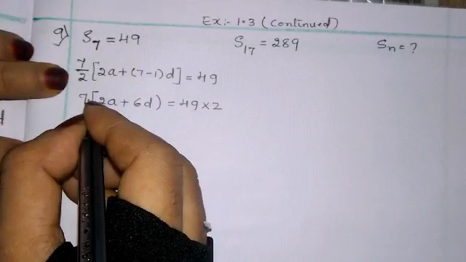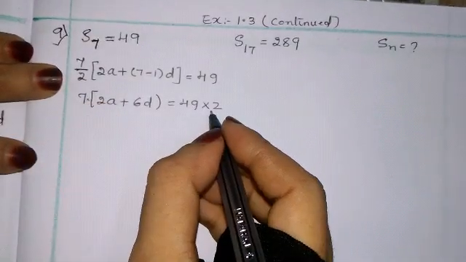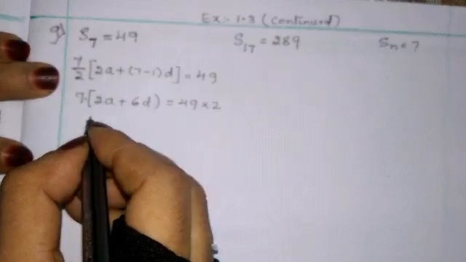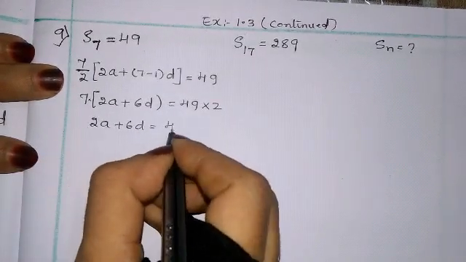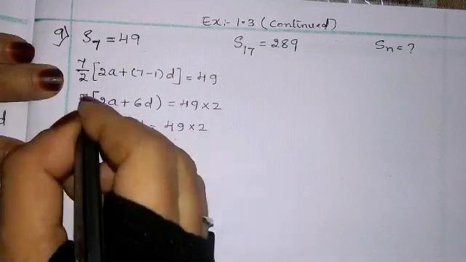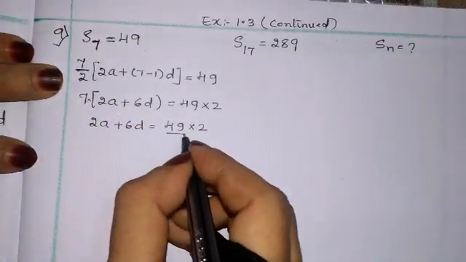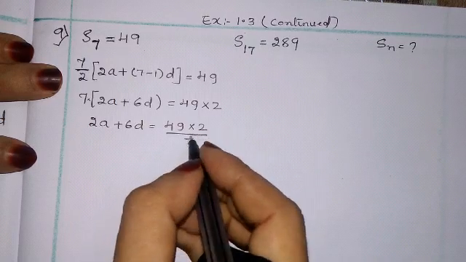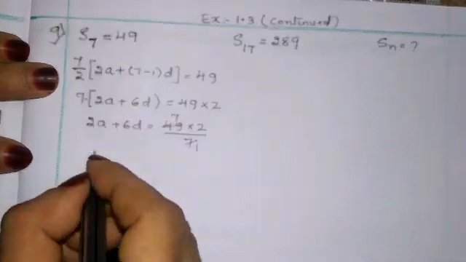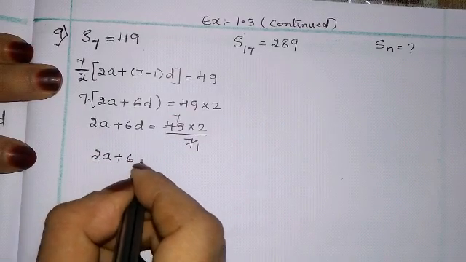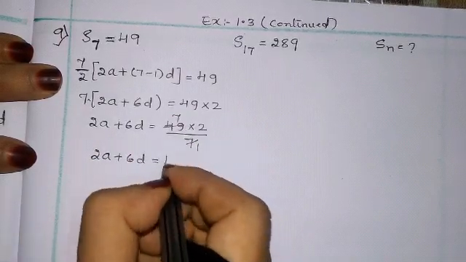This 7 is in multiply position. If it goes to this side, it will get divided. So what remains? 2a plus 6d is equal to 49 into 2 by 7. Now 7 ones are 7, 7 sevens are 49. 2a plus 6d is equal to 7 twos are 14.